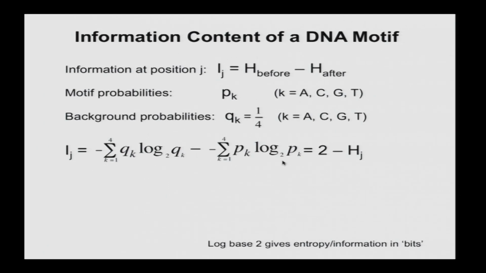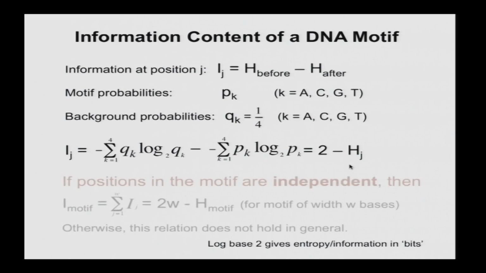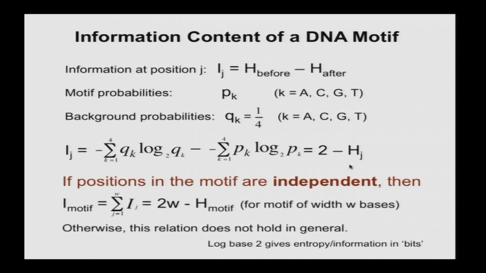If it's uniform, we said H of q is 2 bits per position, so the information content of a motif is just 2 minus the entropy of that motif model. In general, if the positions in the motif are independent, then the information content of the motif is 2w minus H of the motif, where w is the width of the motif.